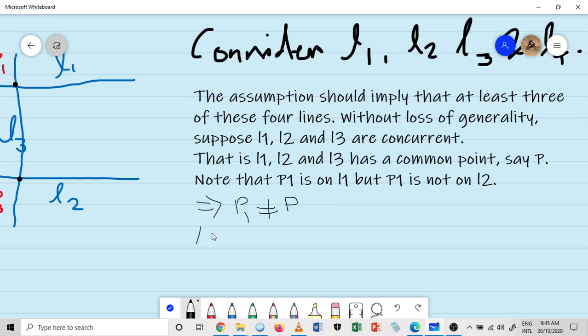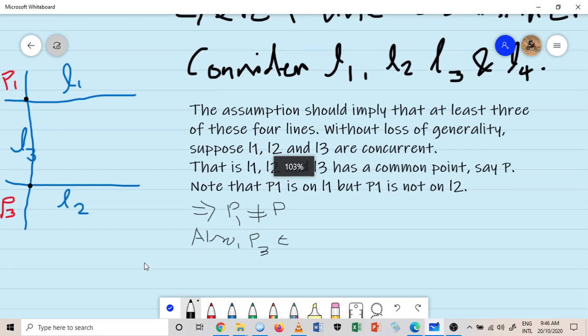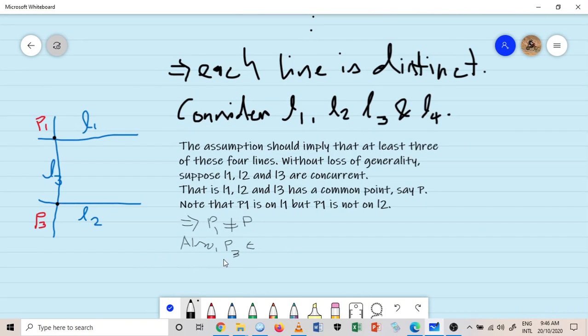Also, P3, we look at the figure, P3 is on L2, but P3 is not on L1.